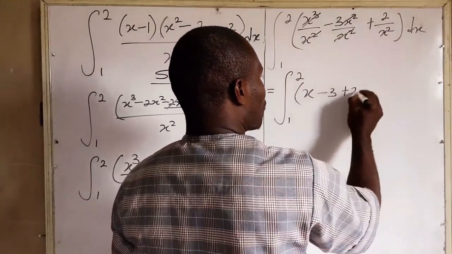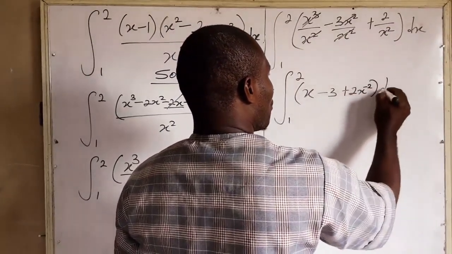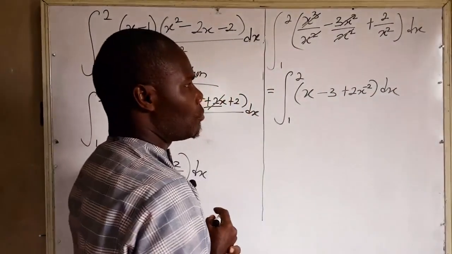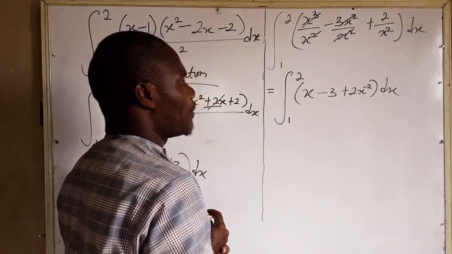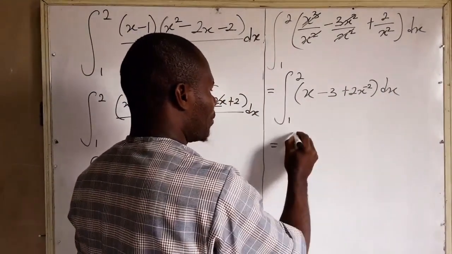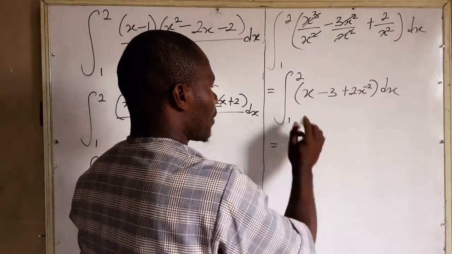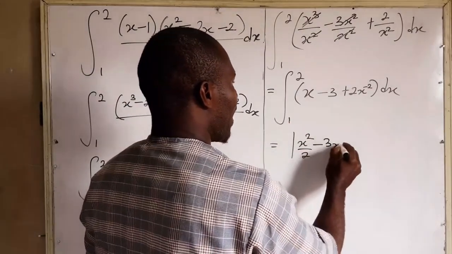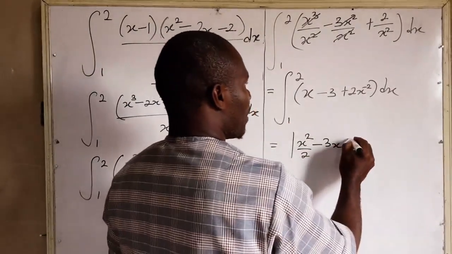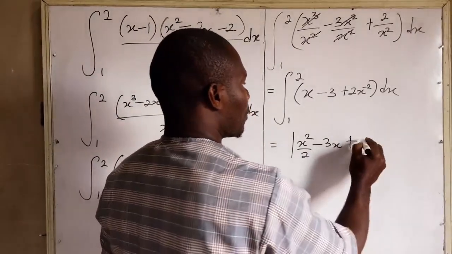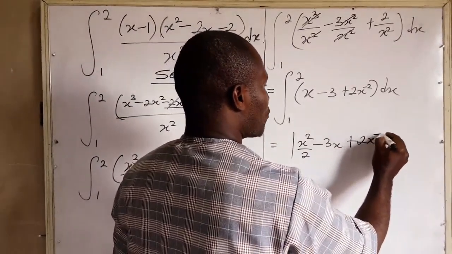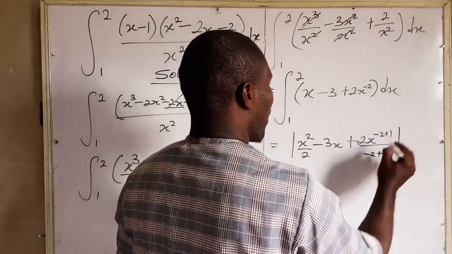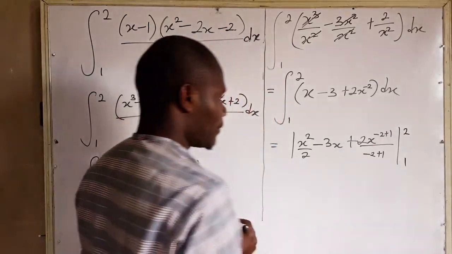Now, this will not give plus 2x minus 2, because you go back to the laws of indices to do this. So let's try to integrate now. In view of integration, we have x squared over 2 minus 3x plus 2x to the power of minus 2 plus 1, divided by minus 2 plus 1, with upper and lower limits 2 and 1.